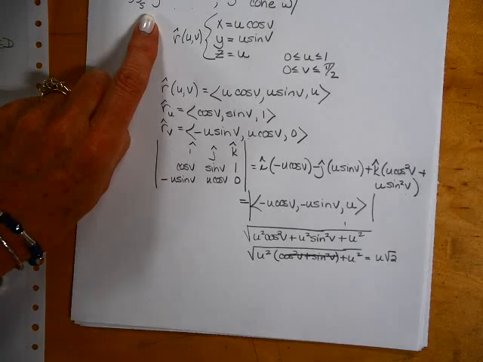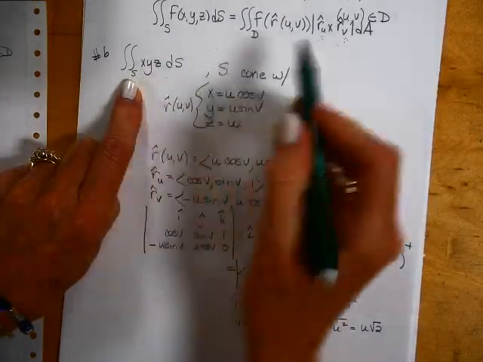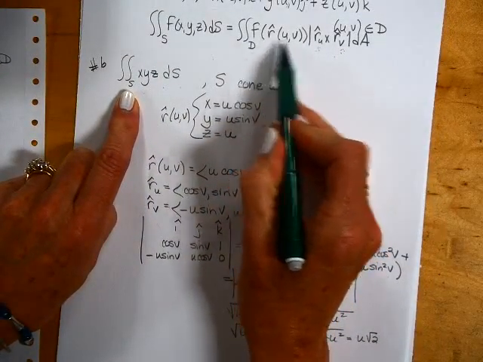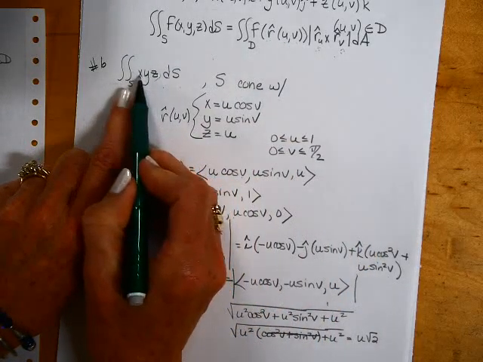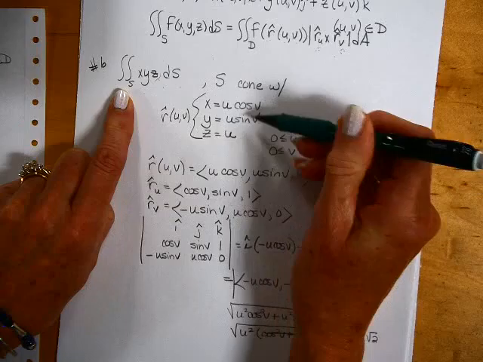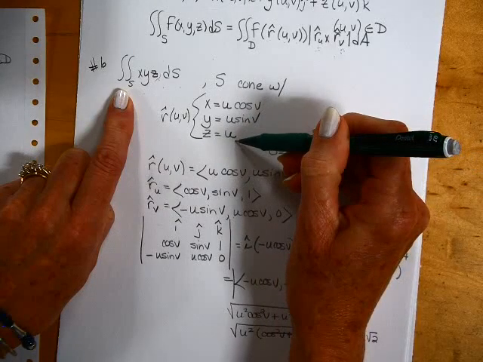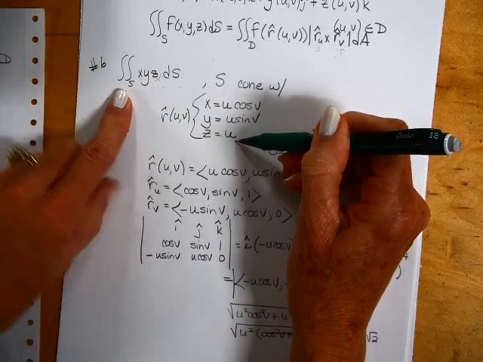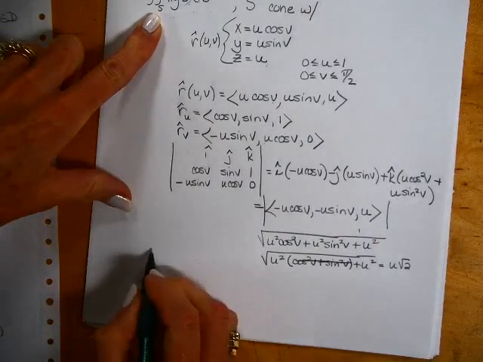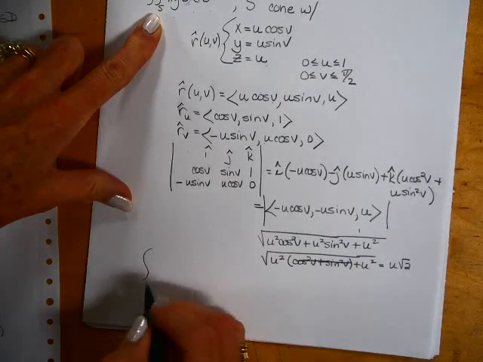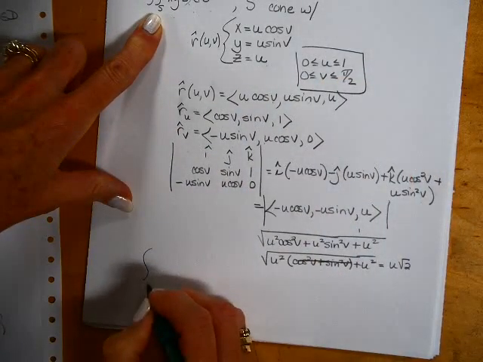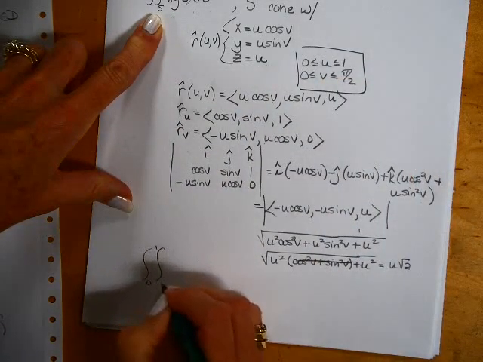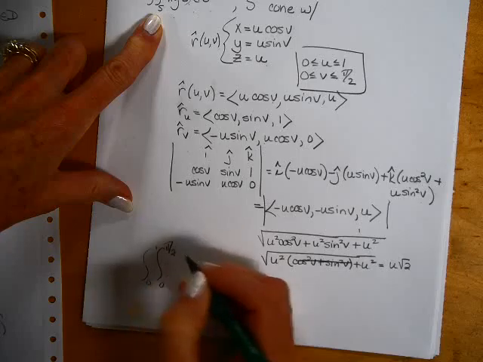Okay, so when I do my double integral up here, I have to have f of r of u and v. That means I have to substitute for x, y, and z. I've got to substitute these parametric equations. So putting all of that in here, these are my limits of integration, again, they were given to me: 0 to 1 and 0 to pi over 2.